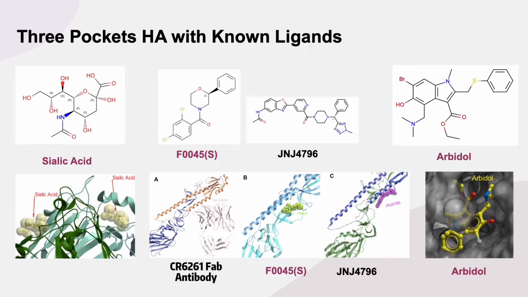And here we analyze the genetic variability of three pockets found by ICM-Pro that are occupied with inhibitors in these proteins: the sialic pocket, the F0045 pocket, and the orbital pocket.